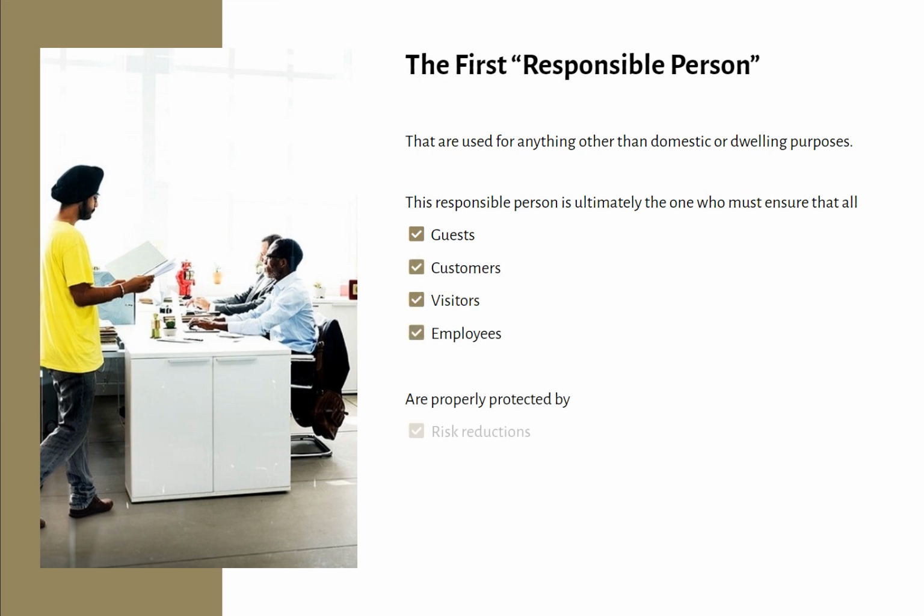This responsible person is ultimately the one who must ensure that all guests, customers, visitors, employees are properly protected by risk reductions, evacuation procedures.